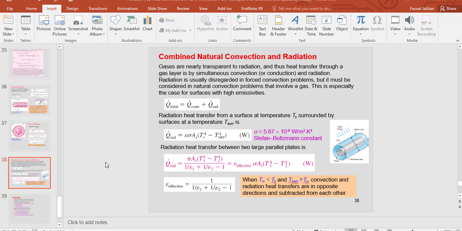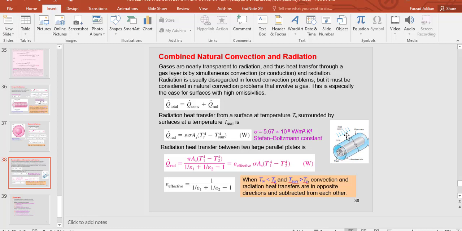And the final slide for today's session is this one, which shows how to calculate the rate of heat transfer when we have a combination of natural convection and radiation.